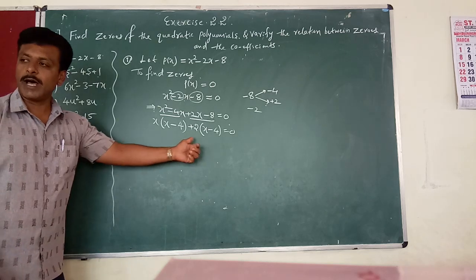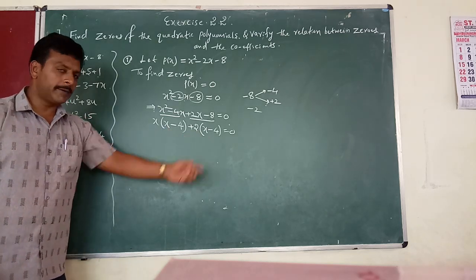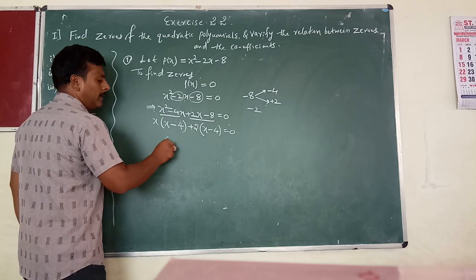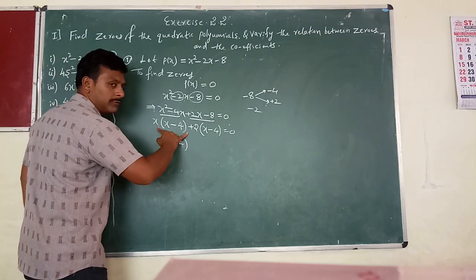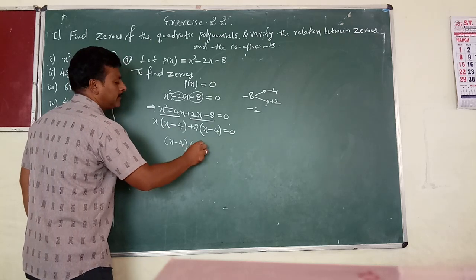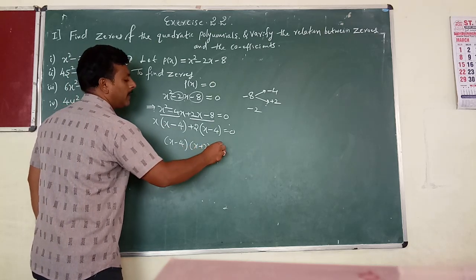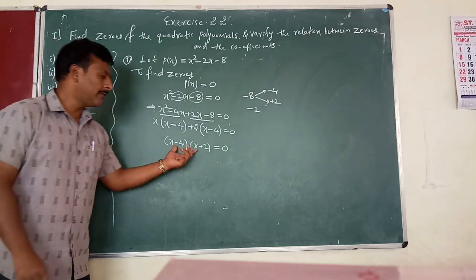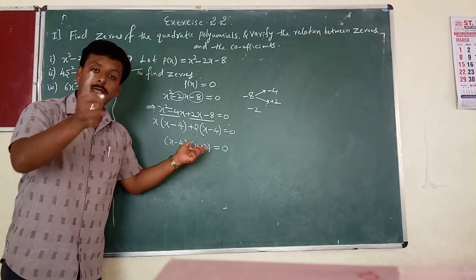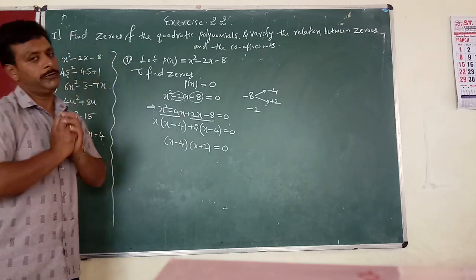Now both brackets are the same, so take it as common: x minus 4 is one bracket. The remaining terms go in another bracket: x plus 2, equal to 0. Last class I told you, if the product of any two brackets is equal to 0, we have to make each bracket equal to 0.